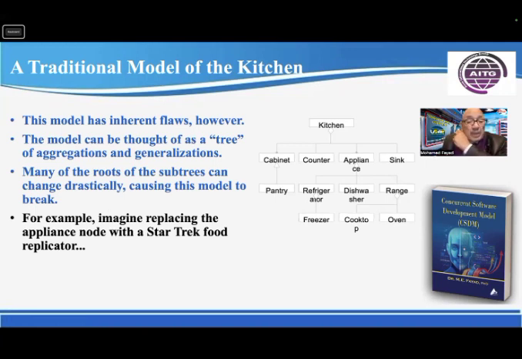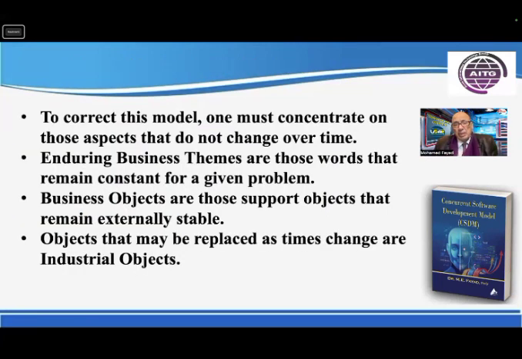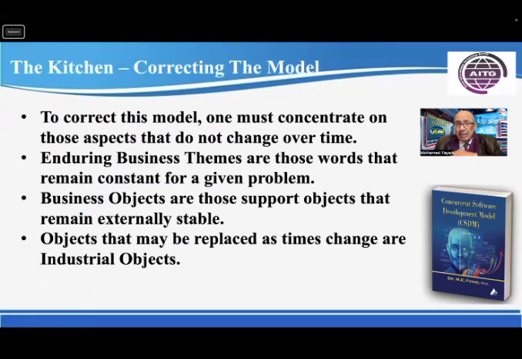For example, imagine replacing the appliance node with a Star Trek replicator. That's a consideration we have to think about when we really build the kitchen. So to correct this model, we must concentrate on those aspects that do not change over time.